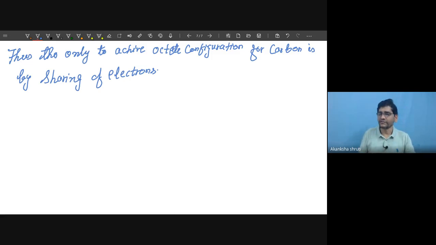So this is the only way. And the bond formed by sharing of electrons is called a covalent bond.